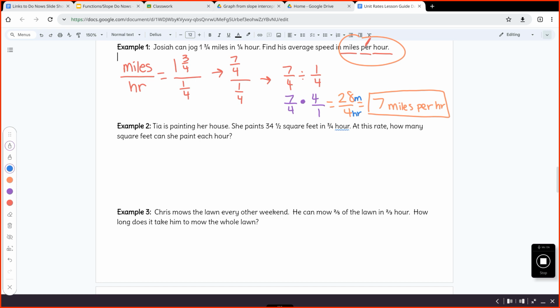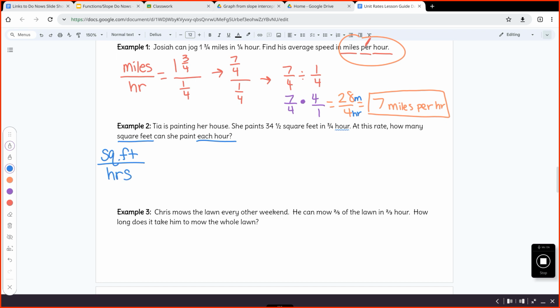All right, so Tia is painting her house. She paints 34.5 square feet in 3/4 hours. At this rate, how many square feet can she paint each hour? We are given the rate of square feet in each hour. So our rate is square feet to hours.